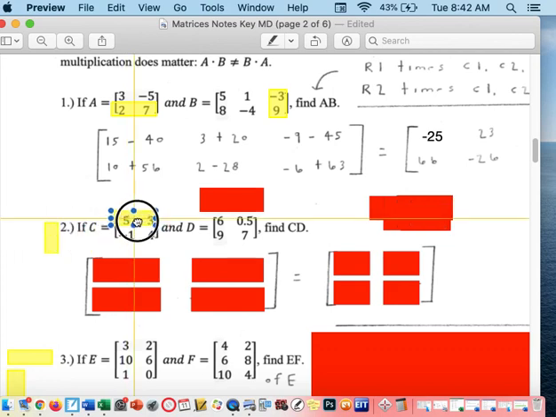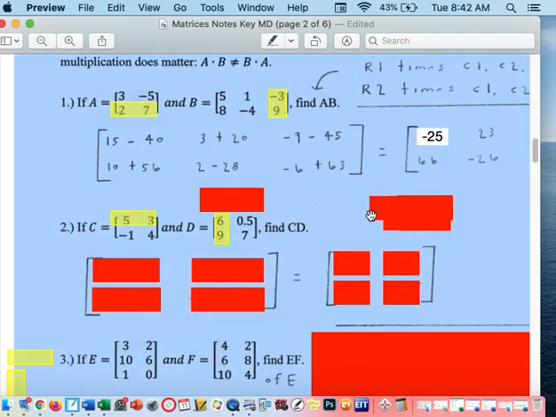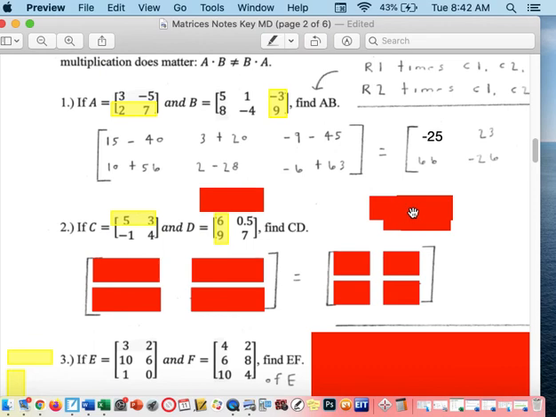First row, first column. So 5 times 6 plus 3 times 9. If I push my yellow box over, 5 times half plus 3 times 7.